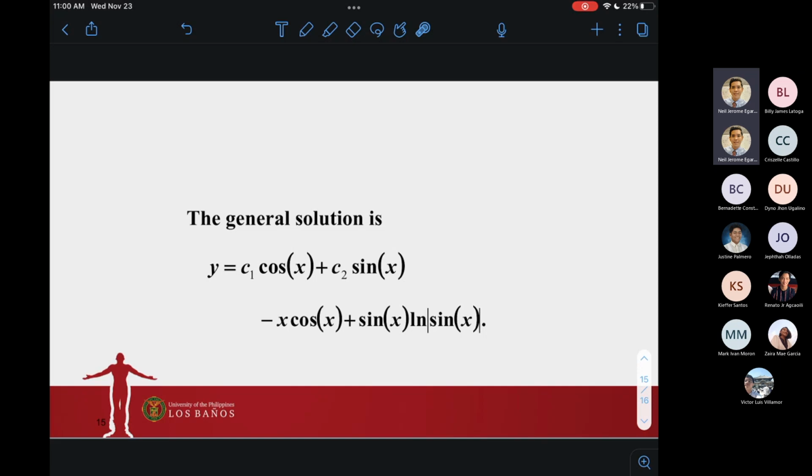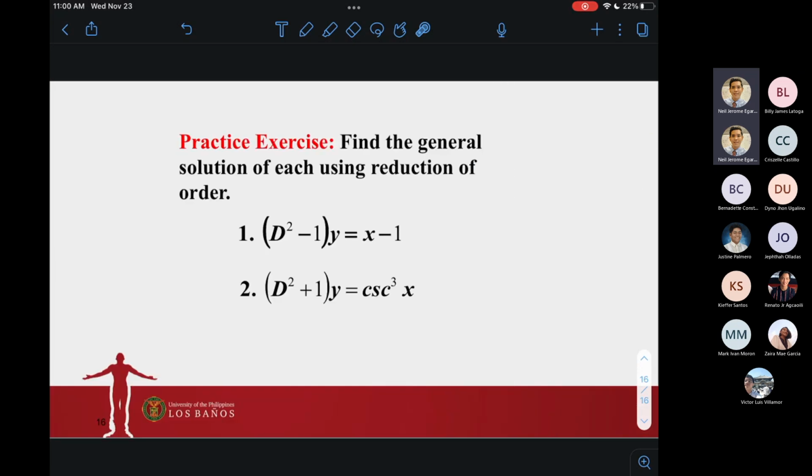That's why, for your 11th homework, eto, pili kayo ng isa sa dalawa na to. So, syempre, pipiliin nyo malamang yung number 1 kasi x minus 1 lang, ano? Pero I dare you to try the second one, cosecant cube. Hopefully, may mga makakancel din naman dyan, ano? So, let's do this as our homework 11.